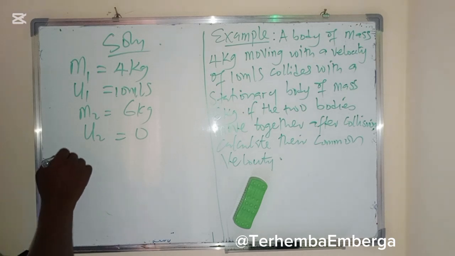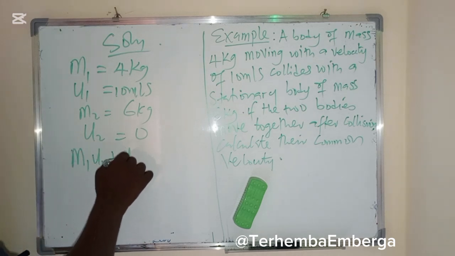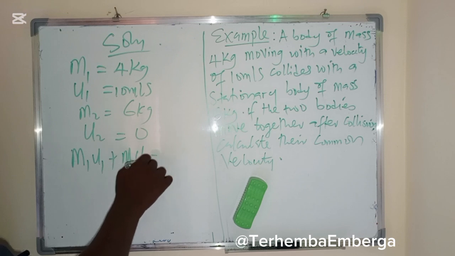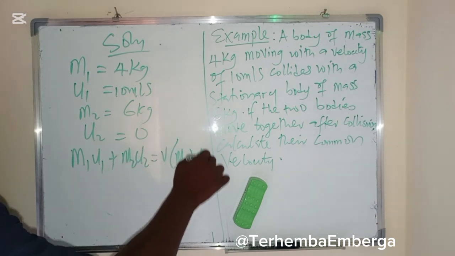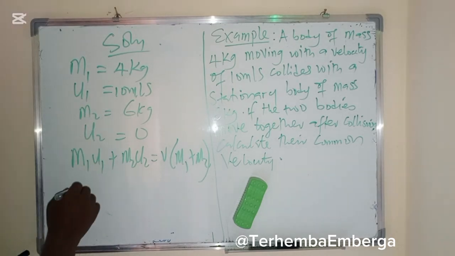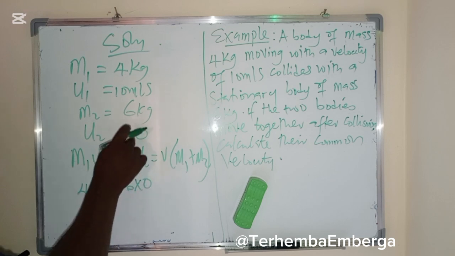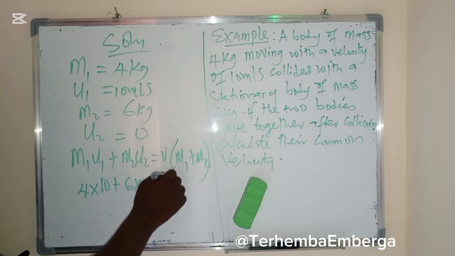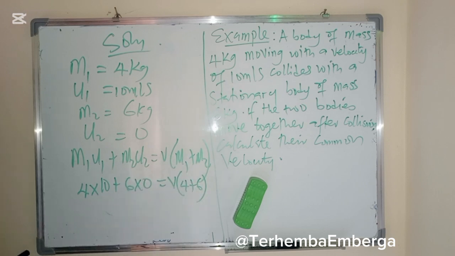So looking at this, M1 U1 plus M2 U2 equals V times (M1 plus M2). So we substitute. M1 is 4 times 10 plus M2 is 6 times 0 equals V into (4 plus 6).